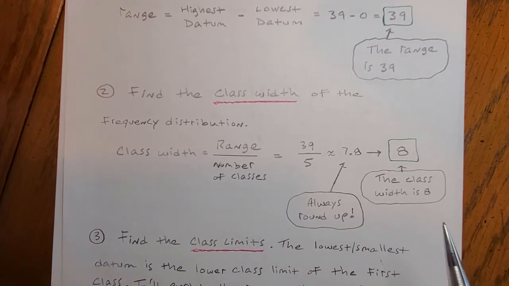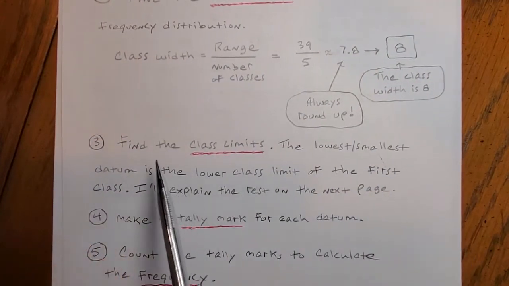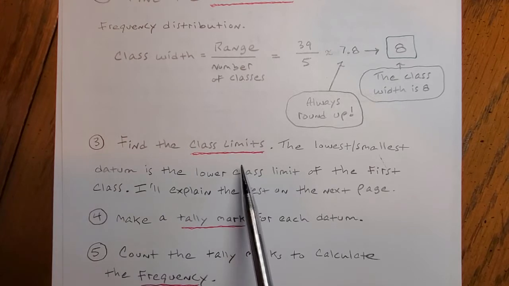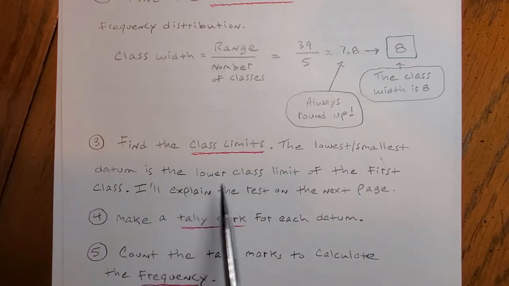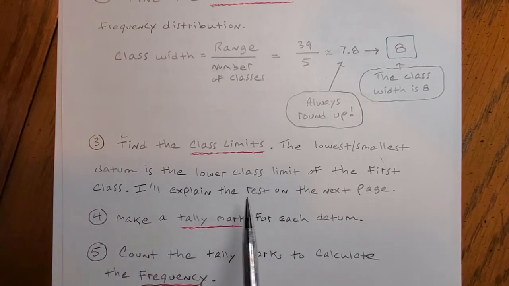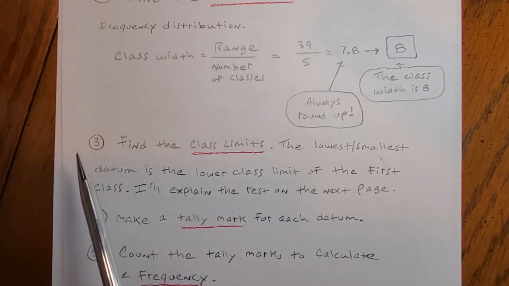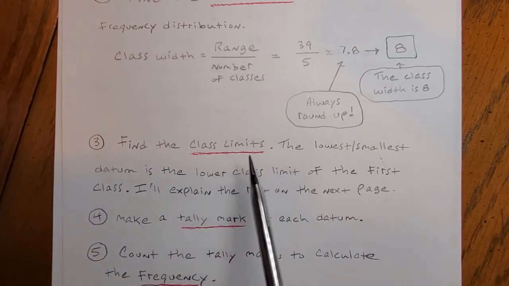Next thing, we need to find out the class limits. The lowest or smallest datum is the lower class limit of the first class. I could explain what the class limits are, but it's just so much easier to show you.